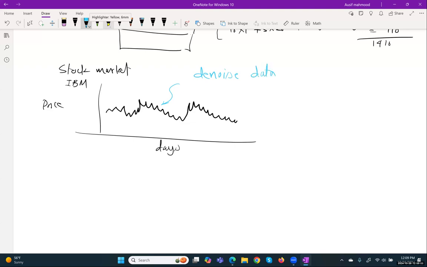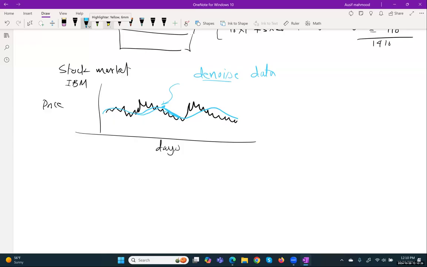By denoising, what I mean is we want something like a smooth curve, so that you can see it is trending up or trending down. As it starts to trend down, maybe you'll sell it at this point. The daily fluctuations we want to remove and see how it is doing on a weekly or monthly basis.